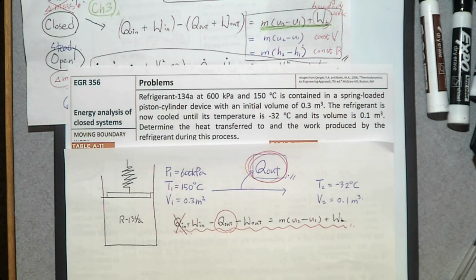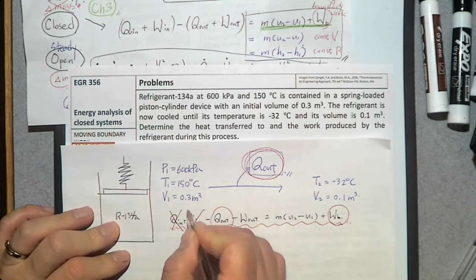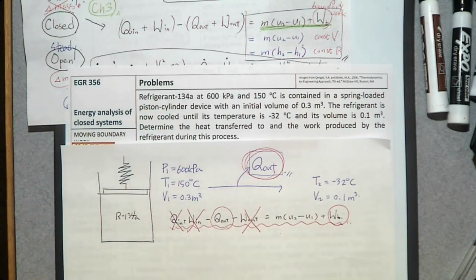So the spring work is going to be this one. So we have this. What about W in, W out? Is there any information related to W in or W out? No, so you can neglect them. And is R134A a pure system, pure material, or phase change material?